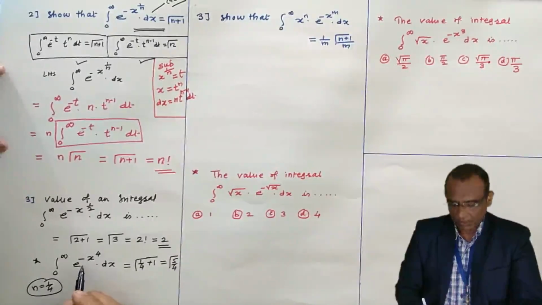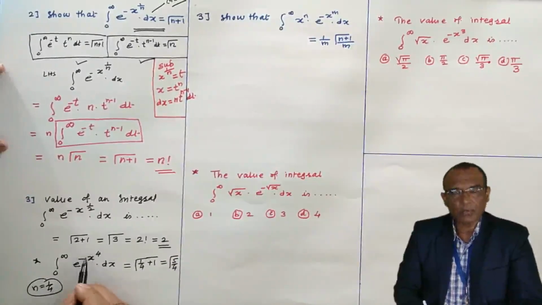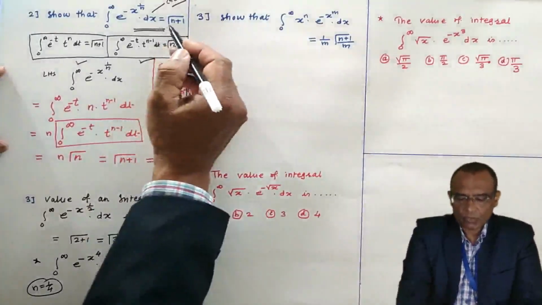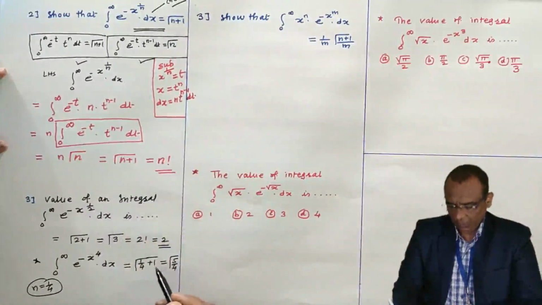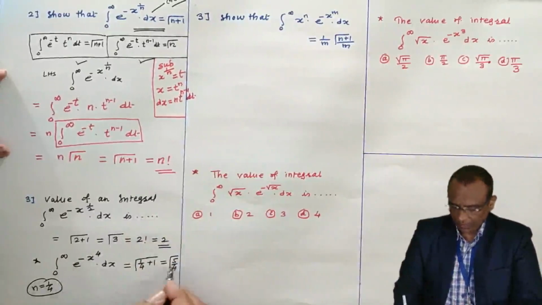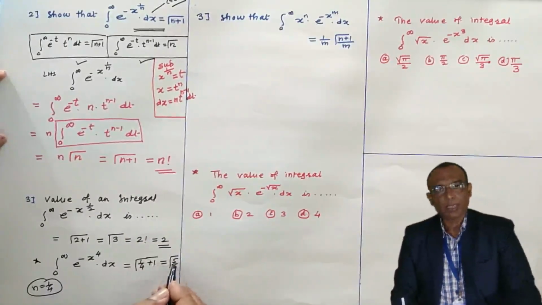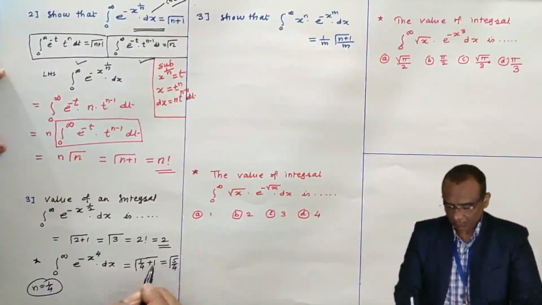Once again I repeat, this integral can be evaluated by substituting x to the power 4 equal to t, or if you use this formula, in a single step you get the value of that integral. This may be given as an option: gamma 1 plus n can be written as 1 by 4 gamma 1 by 4.